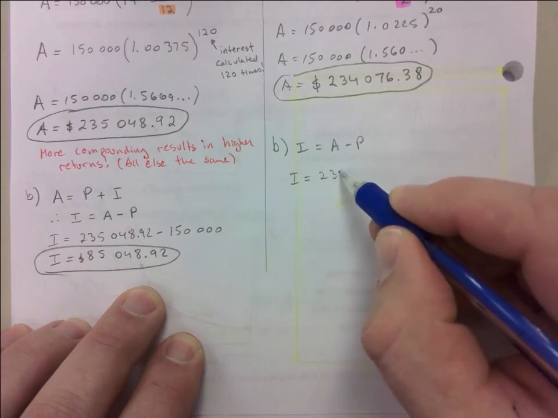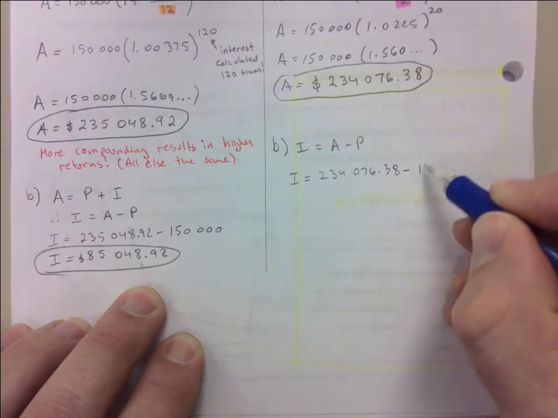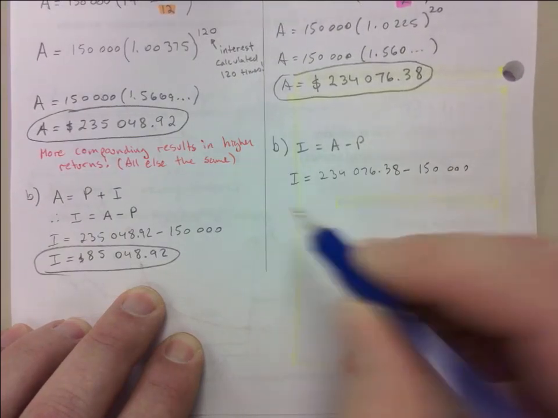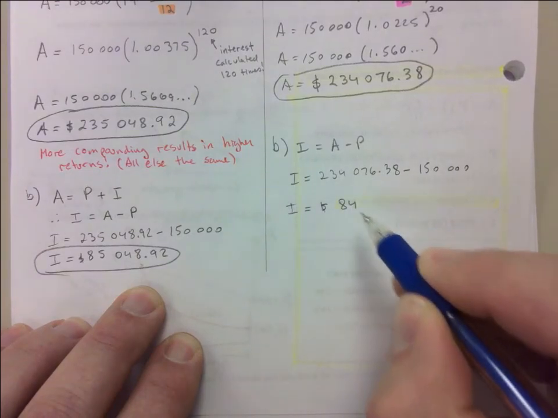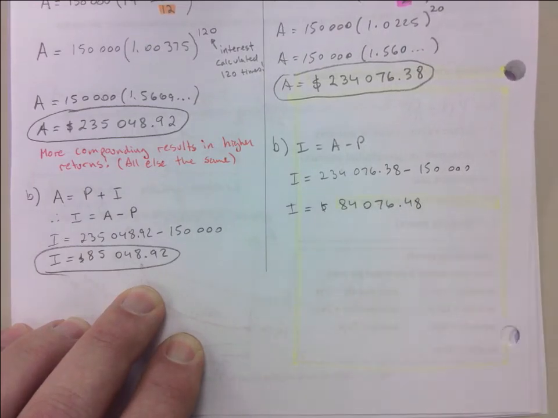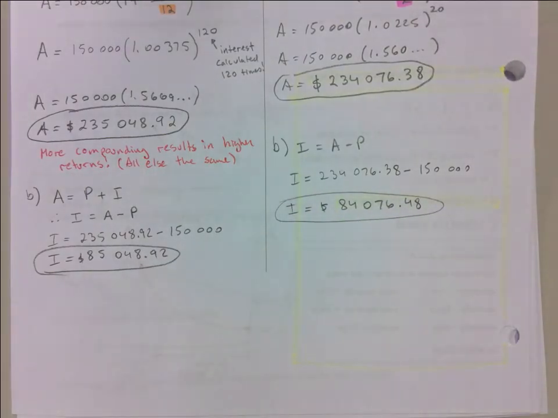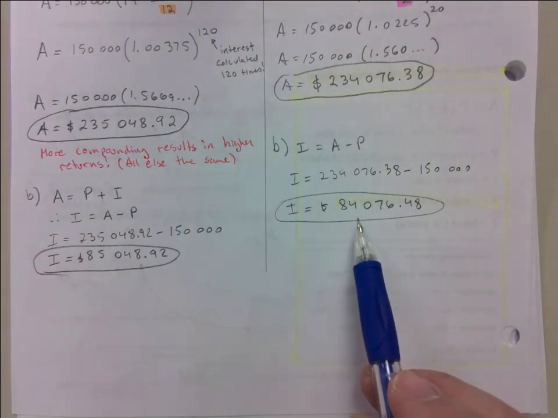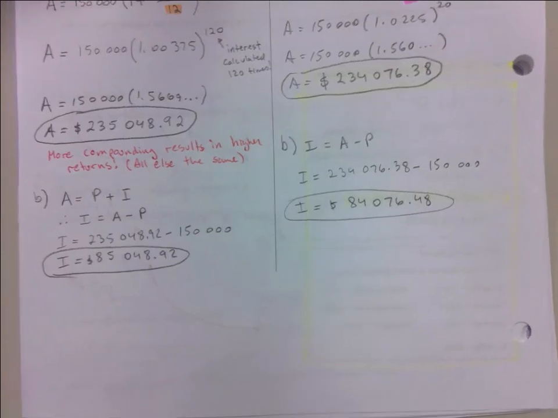So we are at 234,076.38, subtract 150,000. That is $84,076.48. So I'm doing both side by side there. And obviously, we're not surprised that we earned a little less, okay, because the final future value was less.